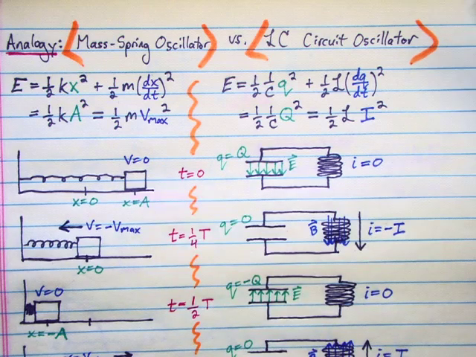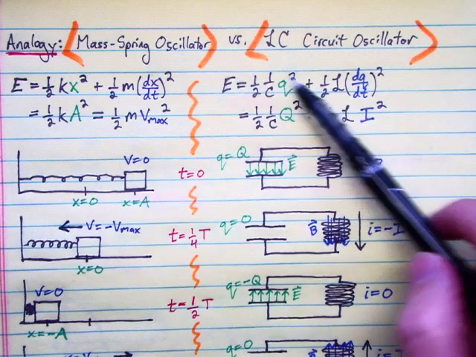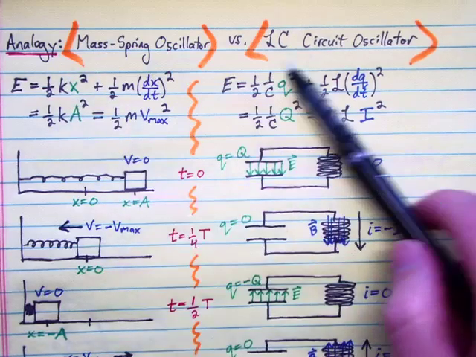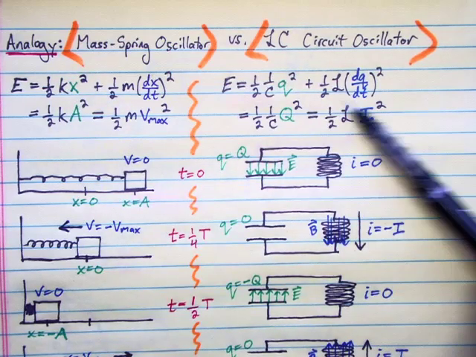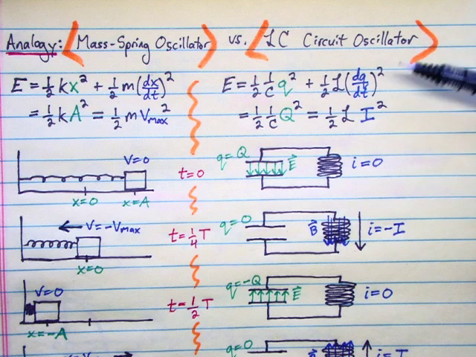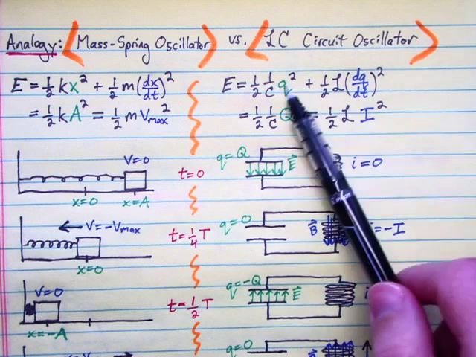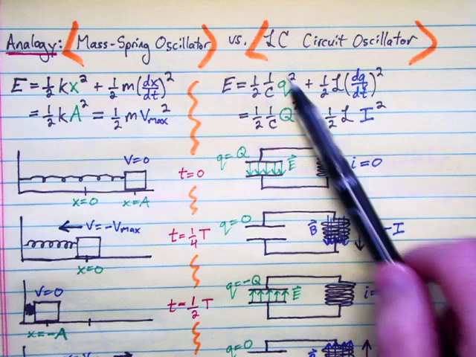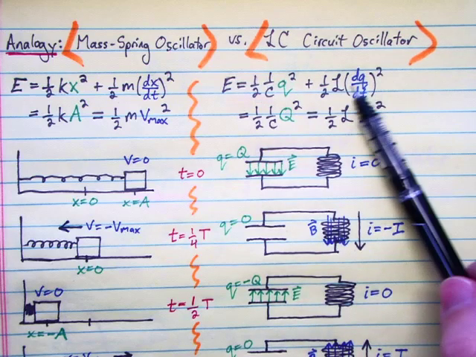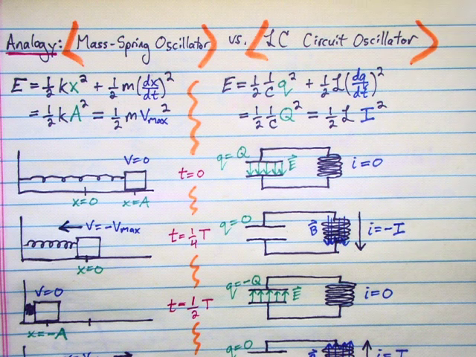So from this point of view, our capacitor is kind of like our spring storing potential energy, and our inductor is kind of like a thing storing the kinetic energy of the system. And throughout an oscillation, we're transferring energy back and forth between this potential-like form and this kinetic-like form, just like we are here.